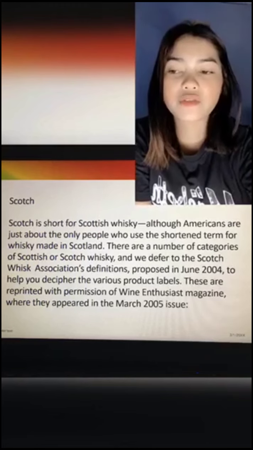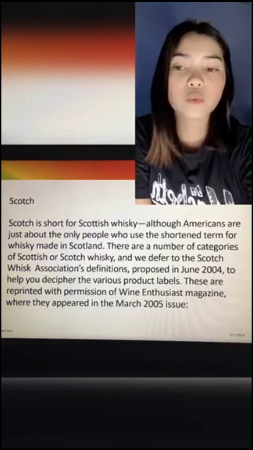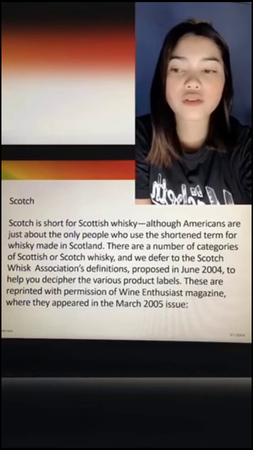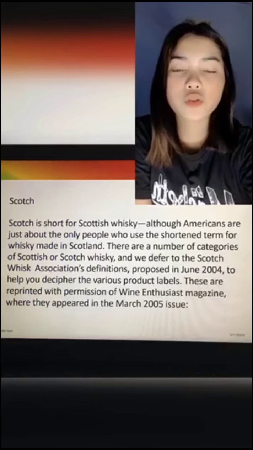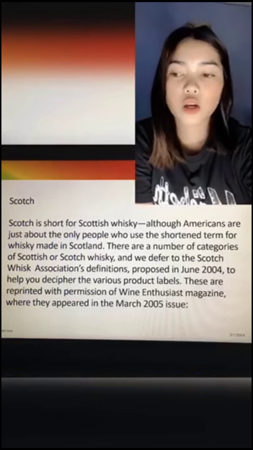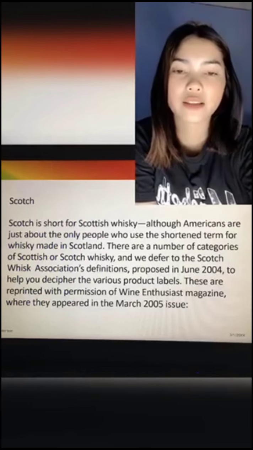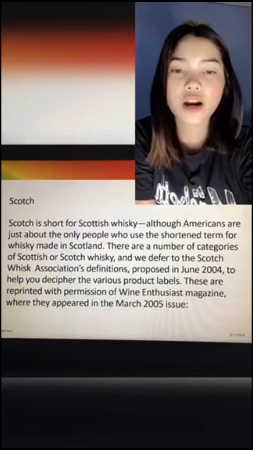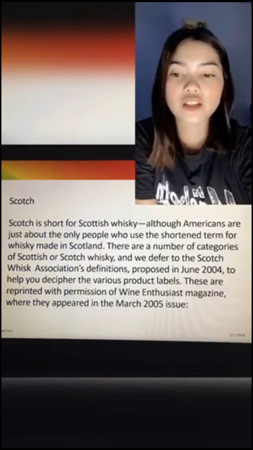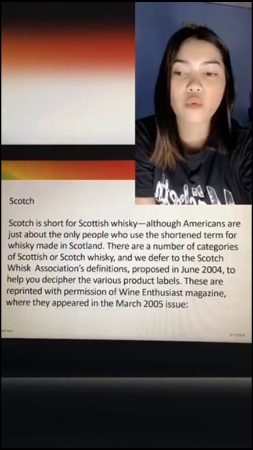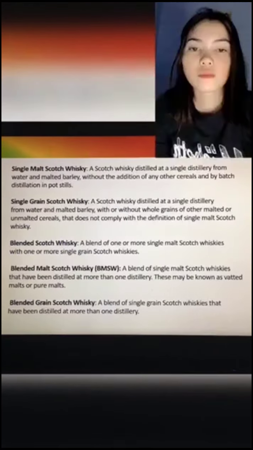There are a number of categories of Scottish or Scotch whiskey, and we defer to the Scotch Whisky Association definitions, proposed in June 2004, to help you decipher the various product labels. These are reprinted with permission of Wine Enthusiast magazine, where they appeared in the March 2005 issue.